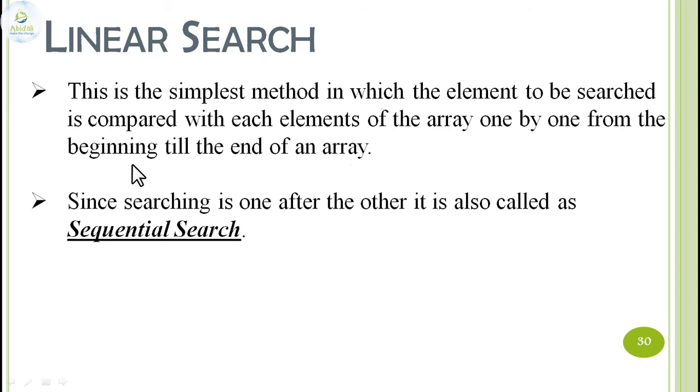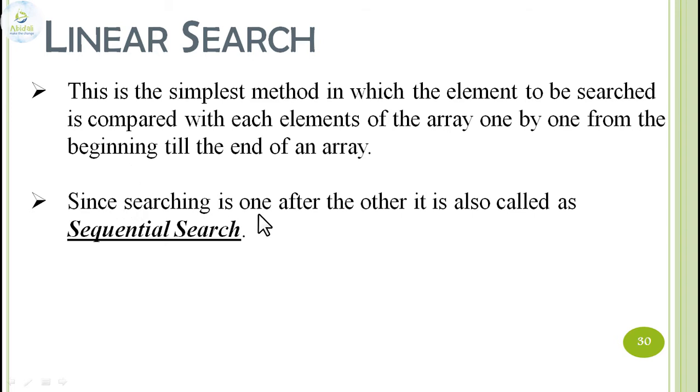We start from the very first index, which is 0, and move from 0 to 1, 1 to 2, like that until n minus 1, till the search is successful or unsuccessful.